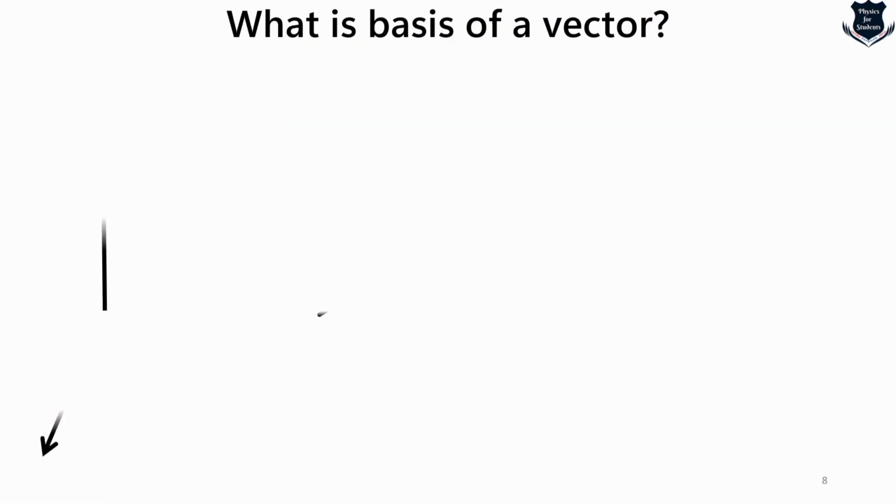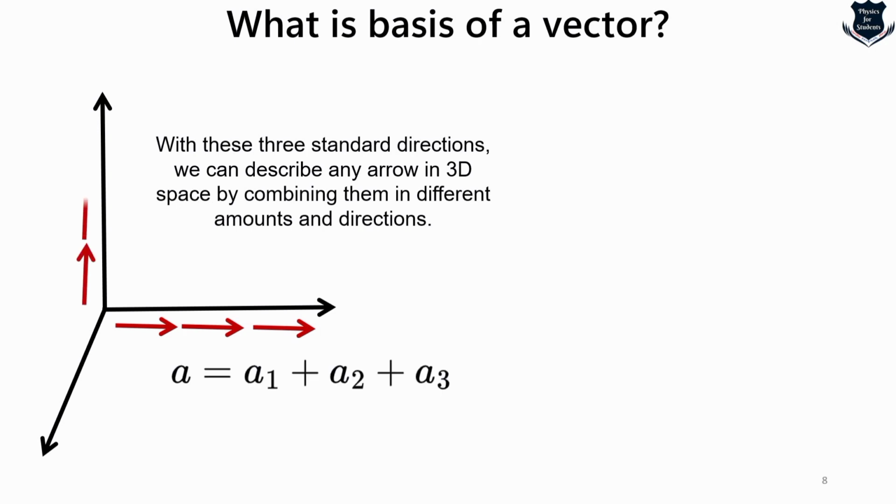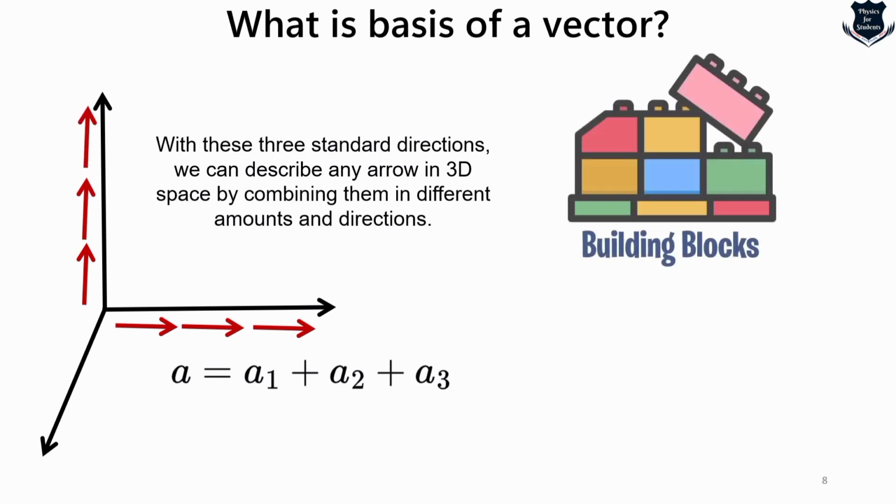Now if I take a three-dimensional vector, with x, y and z, these three directions will give us a roadmap so that any arrow in three-dimensional space can be combined. So I can write A1 plus A2 plus A3, and then take this and this and this and combine them.